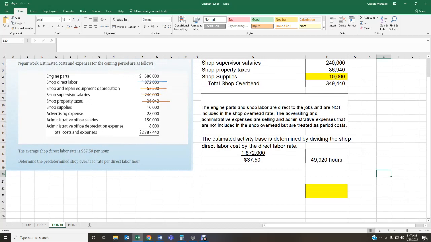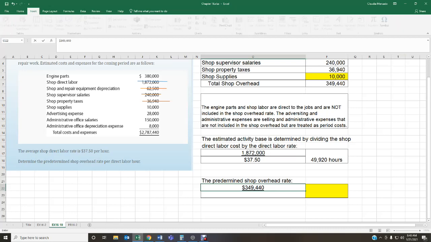Then last but not least, we're able to determine the predetermined shop overhead rate. In order to determine it, we know that the cost of overhead was $349,440, which we calculated in step number 1. Your total shop overhead.